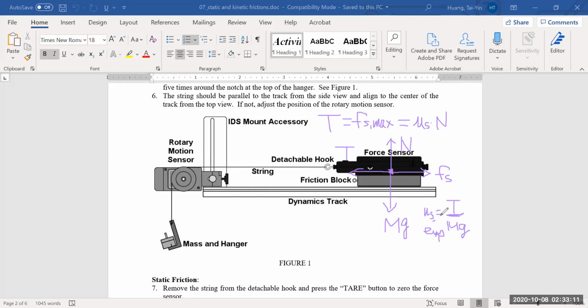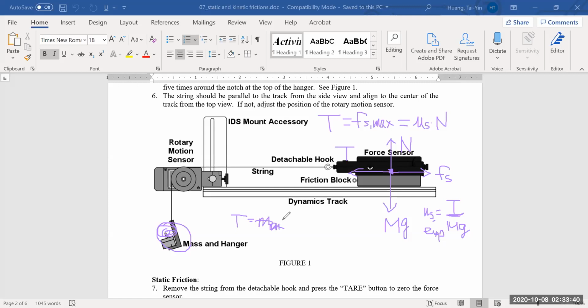Now, what about theoretically? When you do the experiment and add masses on here, this whole thing is going to produce the tension. So the tension here is equal to the maximum mass value that you got.